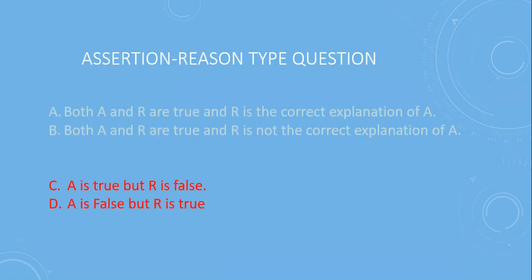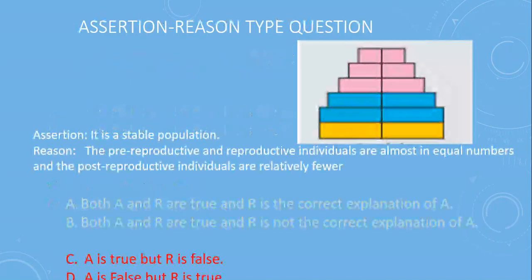An assertion reason type question, this is how the pattern is. You have an assertion statement and a reason statement, and if both the statements are right or correct, then the option could be A or B. If one of the statements is wrong or not true, the option could be C or D. So if you see a question like in this one example, the assertion statement says it is a stable population.